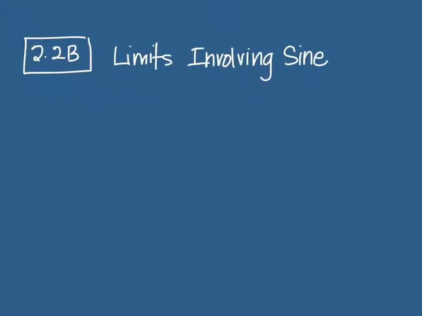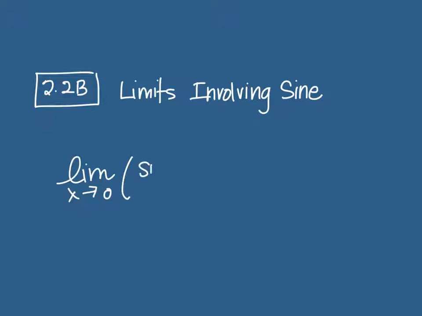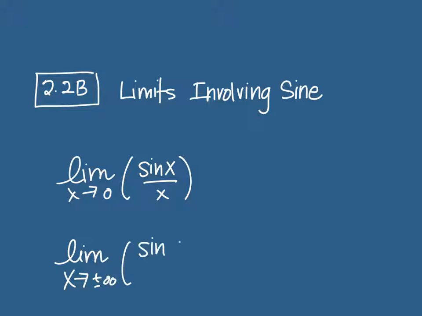The limits we're going to talk about today are the limit as x approaches 0 of sine of x over x, and we're also going to talk about the limit as x approaches plus or minus infinity of sine of x over x.